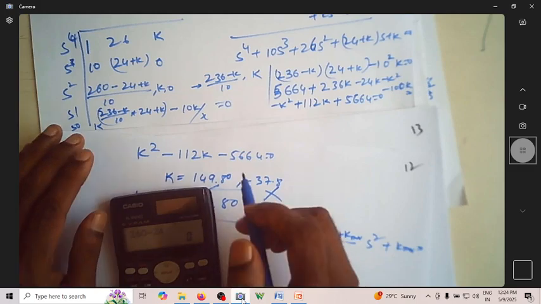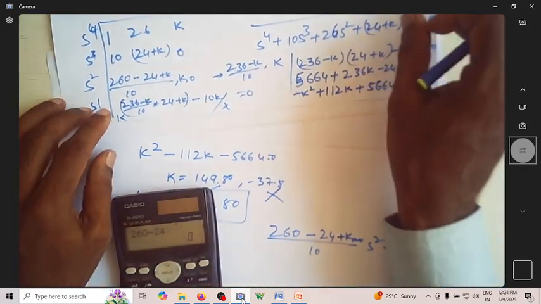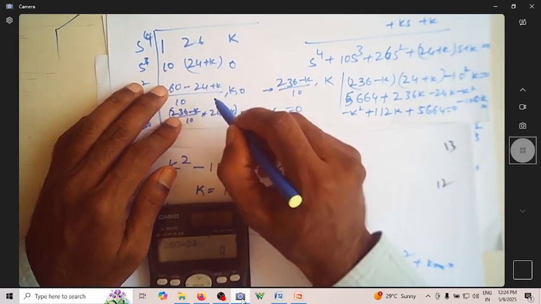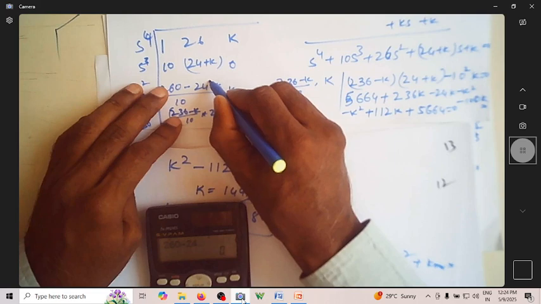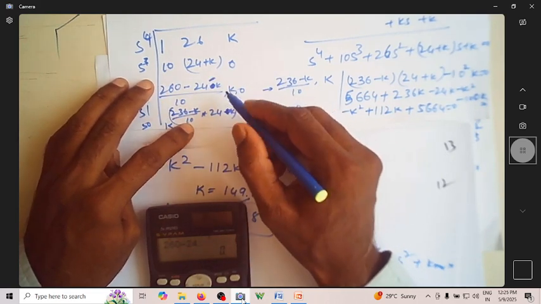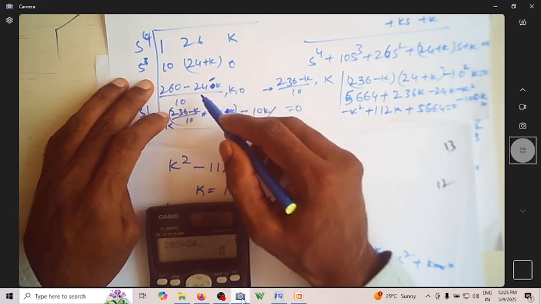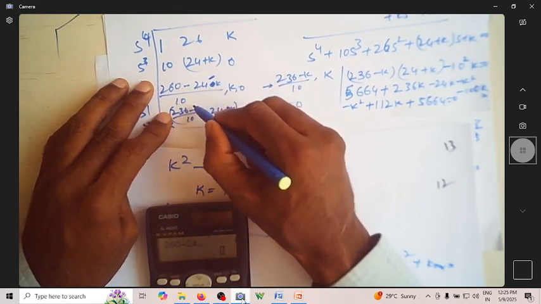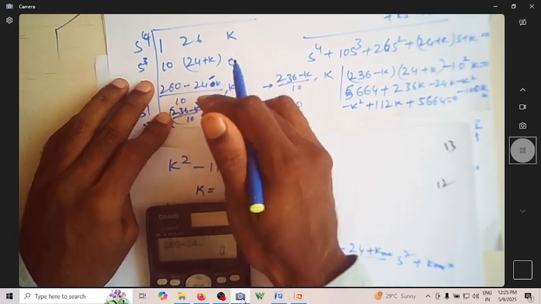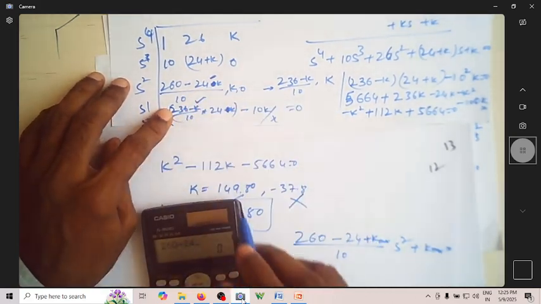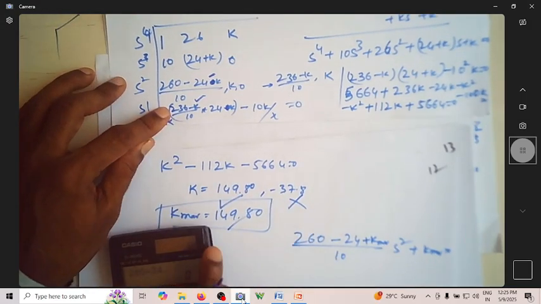I think there is a small mistake there, one second. This is 260 minus this, actually minus. I made it negative, so this is fine, and this value of k is fine.